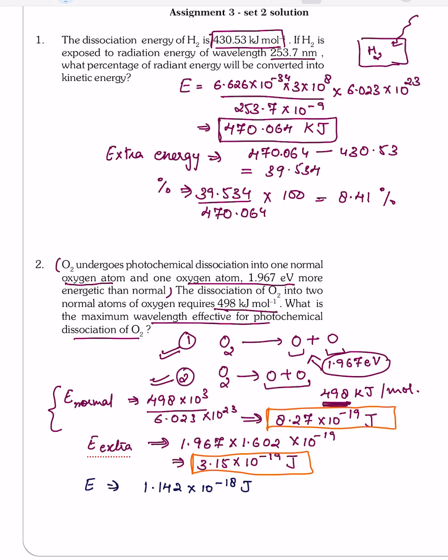Okay, so the question was asking us to find the maximum wavelength. And we know E is equal to hc upon lambda. So can we find lambda from here? That will be equal to 6.626 into 10 to the power minus 34 into 3 into 10 to the power 8 upon the energy, that is 1.142 into 10 to the power minus 18.